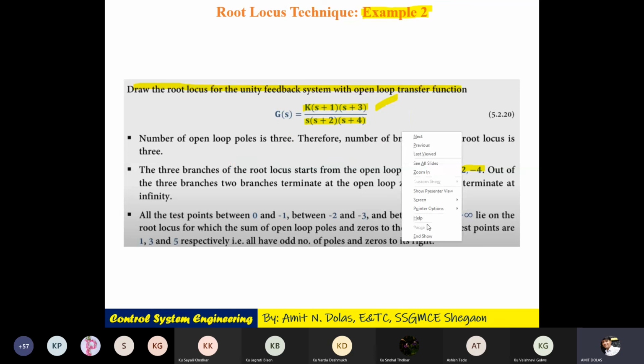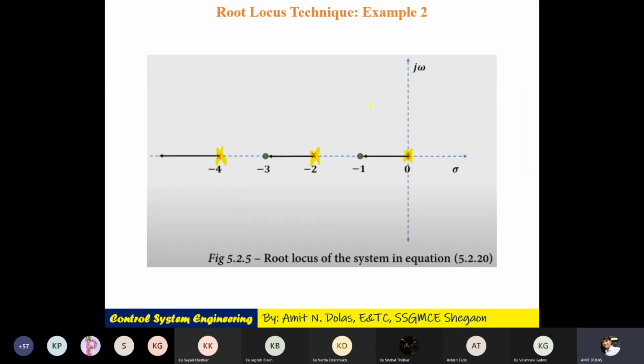Where do we obtain this from? From the characteristic equation of the open loop. This is s equal to 0, this minus 2 and this minus 4. What about the zeros? The zeros are at minus 1 and minus 3. Let's put that; we show zeros with circles. No further poles and zeros are available. Then what will happen? For the pole at 0, how many branches will there be?